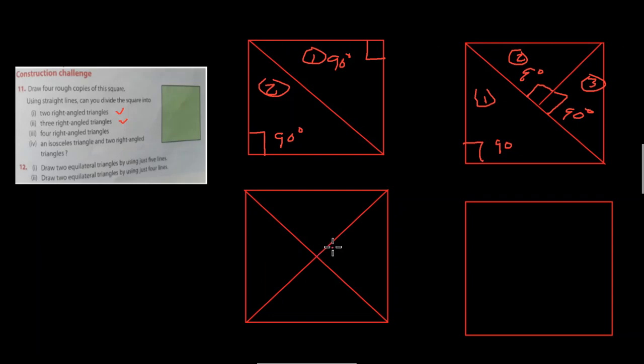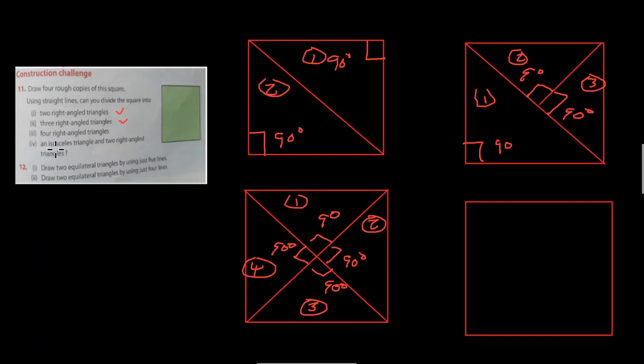So we have this right angle here, this right angle here. So these are both 90 and 90. And then we have this right angle here, and this right angle here. That's 90. That's 90 as well. Okay, so one, two, three, and four. That's four right angle triangles.